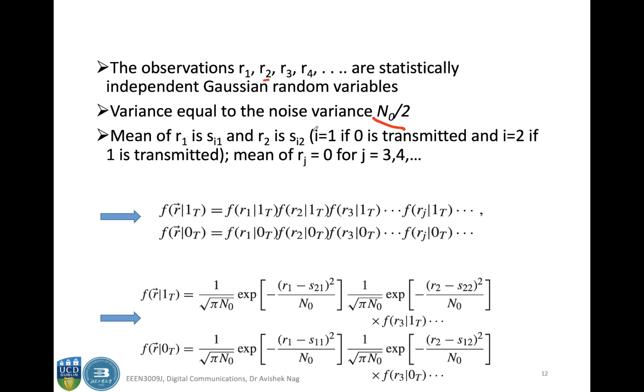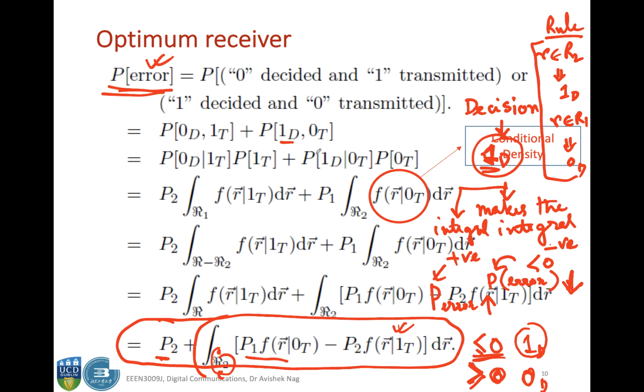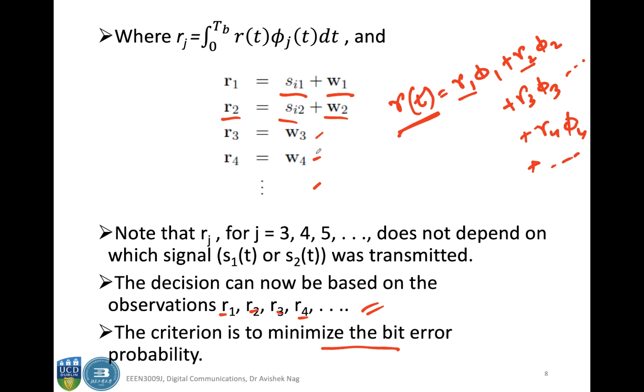The mean for R1 and R2 is Si1 and Si2, but for the other terms, the mean is 0, and this comes directly from here.